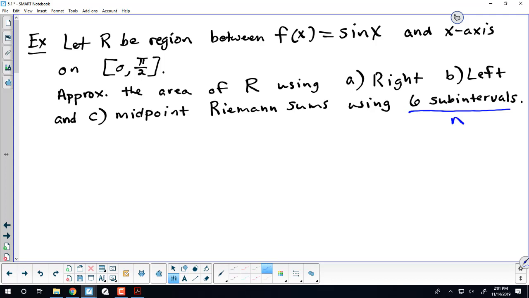So for the right, left, and midpoint Riemann sums, the thing that is consistent between all of those is the length of each subinterval, delta x, and the boundaries of each rectangle. So before we even compute left, right, and midpoint Riemann sums, we're going to find delta x.